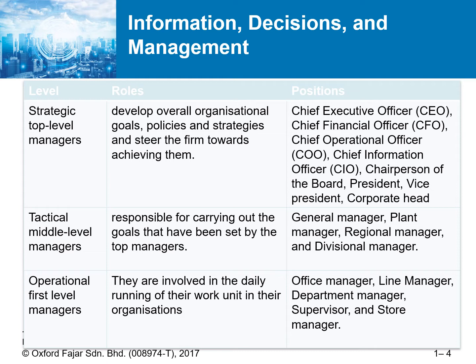As we can see in this table, this illustrates how the information system and the design structure of an organization. Actually there are mainly three levels of management decision making.